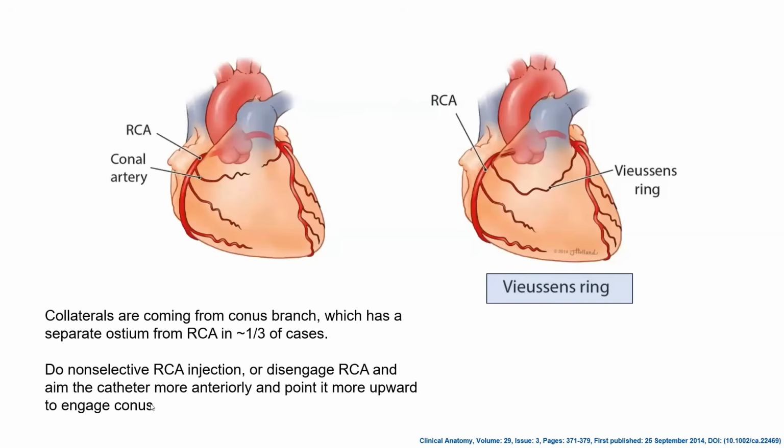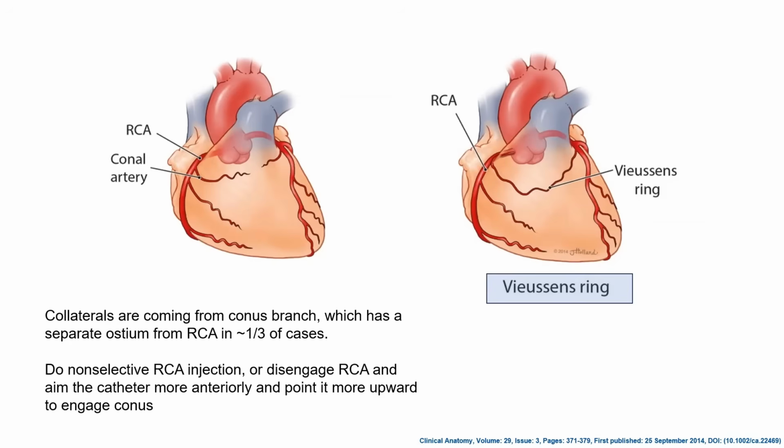So what you do in this case is non-selective RCA angiography so that you can fill the conus and see the Vieussens collateral, or disengage the RCA and try to engage the conus selectively by aiming your catheter more anteriorly and making it point more upward, which is the opposite of what we try to do.